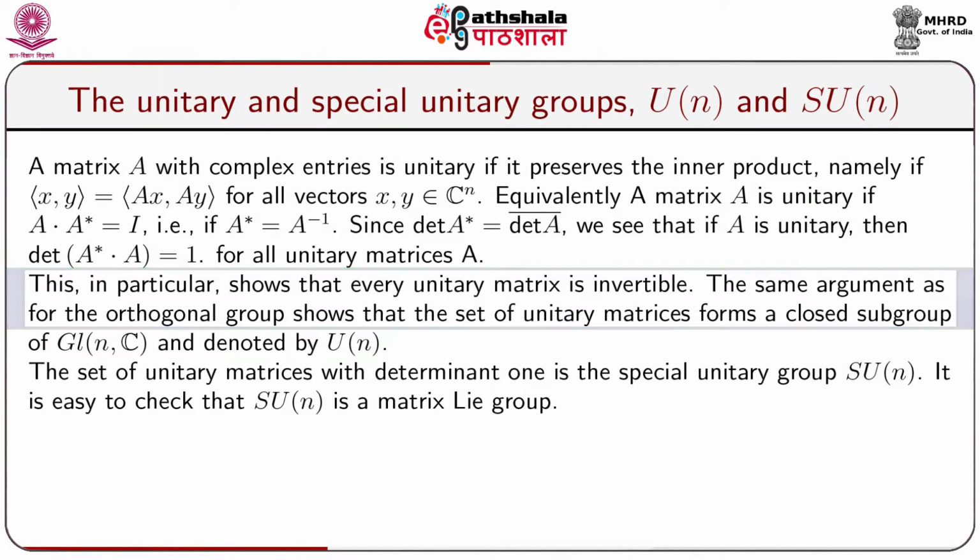The same argument as for the orthogonal group shows that the set of unitary matrices forms a group. The set of all n by n unitary matrices is the unitary group U(n), and it is a subgroup of GL(n, C).